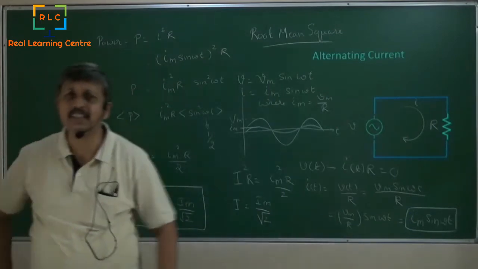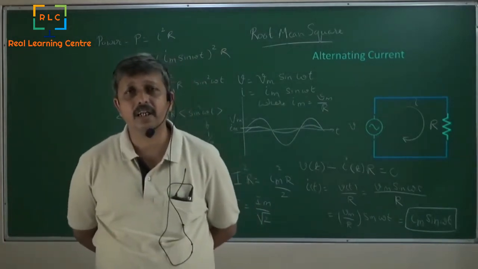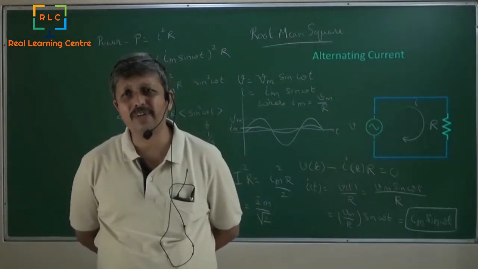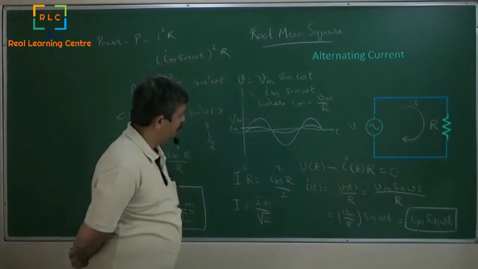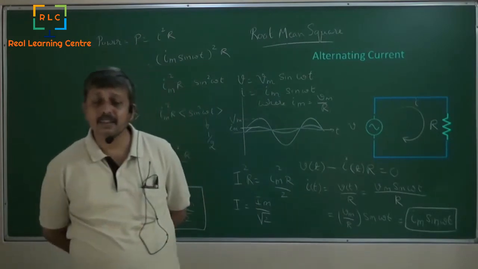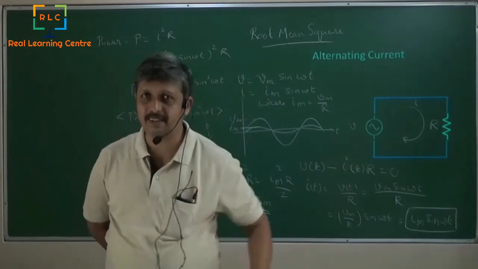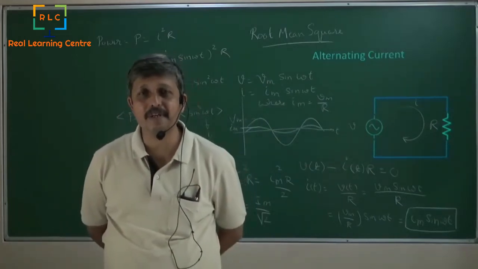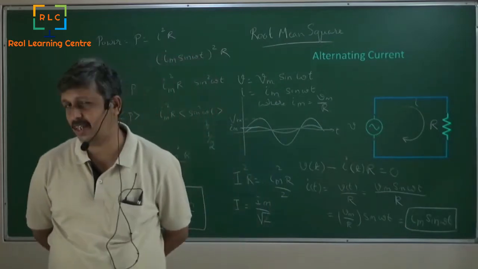RMS current is simply a way of telling how much current is flowing, we can't say average. We wanted to say that the current may be varying, but on the average this much current is flowing. Because we can't keep on saying how it is varying, how fast it is varying, all the information is fine.